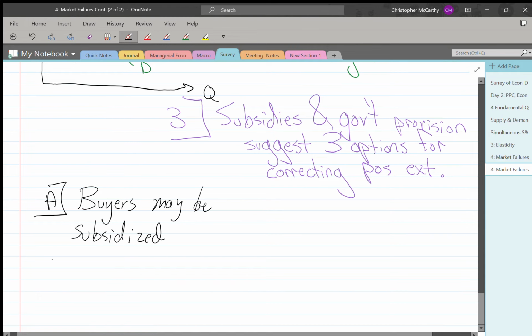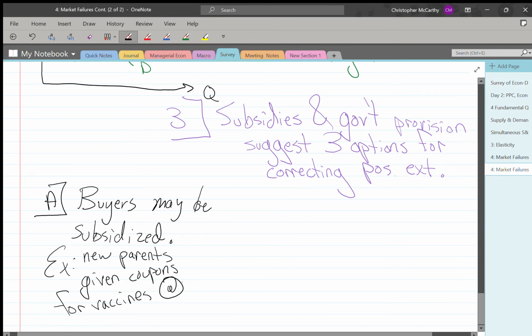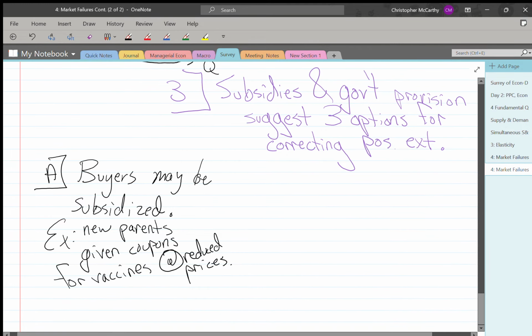So for example, new parents given coupons for vaccines at reduced prices. It would increase the number of vaccines. It would eliminate the underallocation of resources. So we'll go over what these look like in a second.